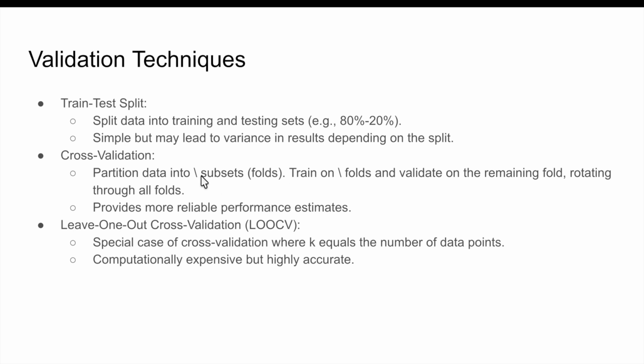For example, if we go by an 80-20 split, the first time the first 80% will be training and the rest 20% will be for testing. Then again for the same data set, the last 80% will be training, and the first 20% will be testing, and so on. Okay, so that is cross validation.